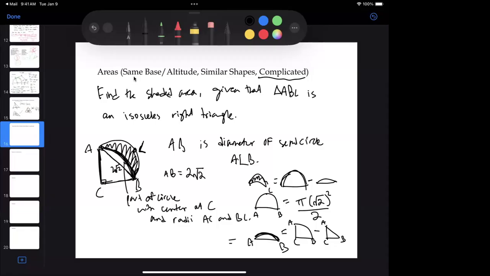So the quarter circle has area pi times 2 squared over 4, and then the triangle area is 2 times 2 over 2, right? So as long as we subtract this from this, then we'll be good.